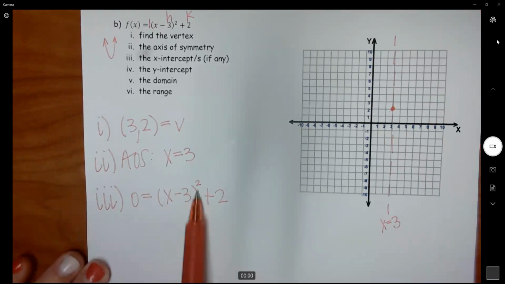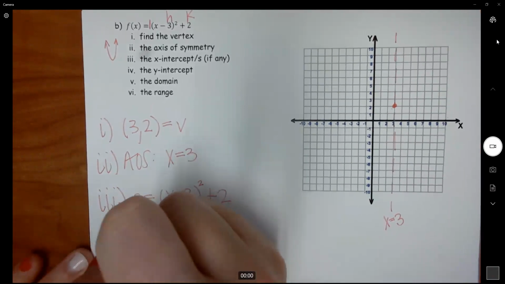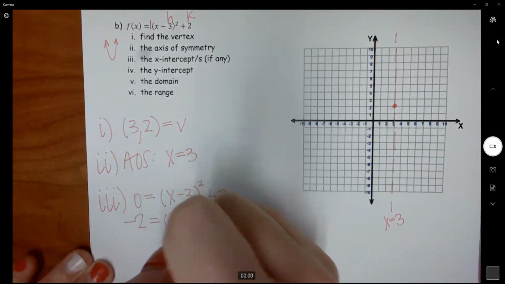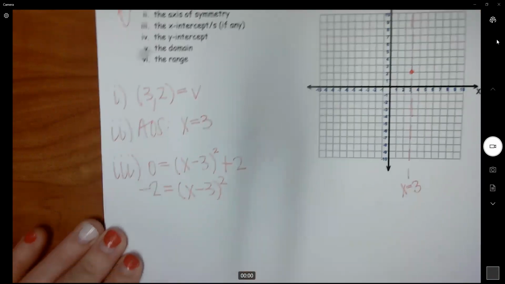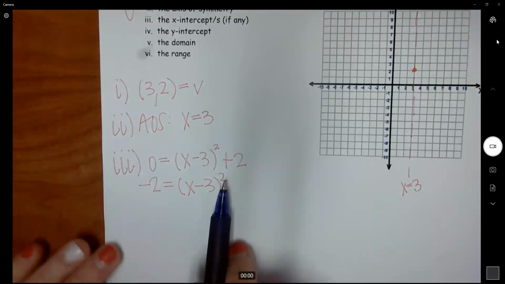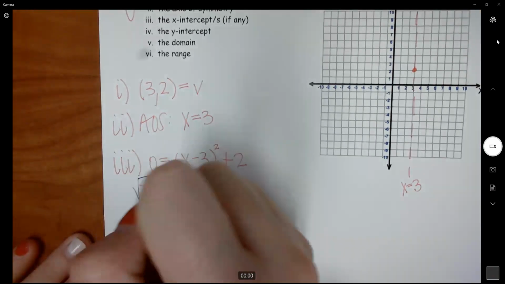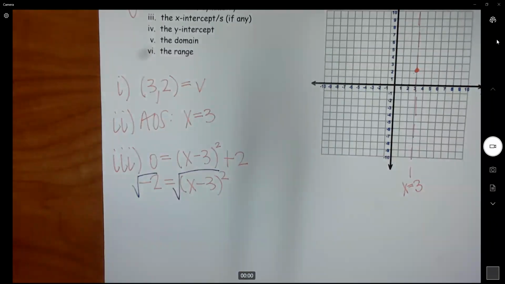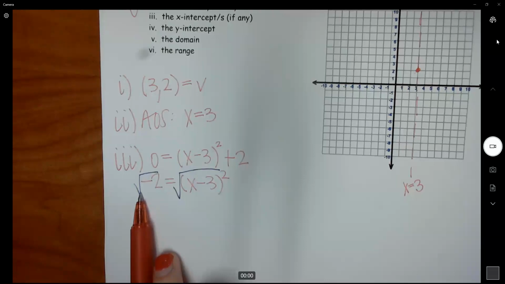So vertex form says to get this squared portion by itself. So we need to do that by moving the 2 over. Okay, now that I got my squared term by itself, the opposite of squaring is to take the square root. Notice here, I've got the square root of -2.